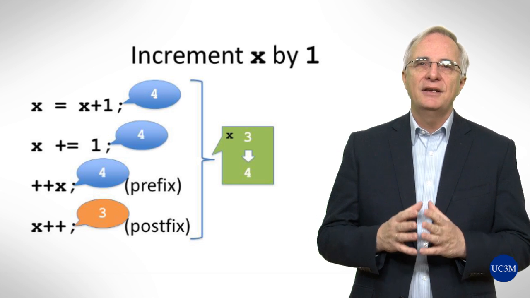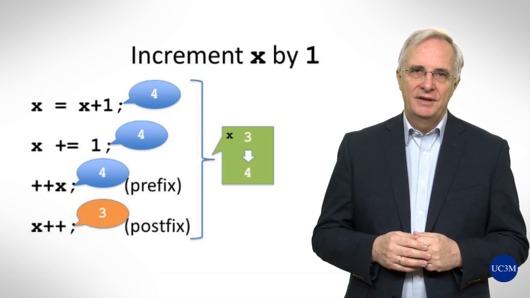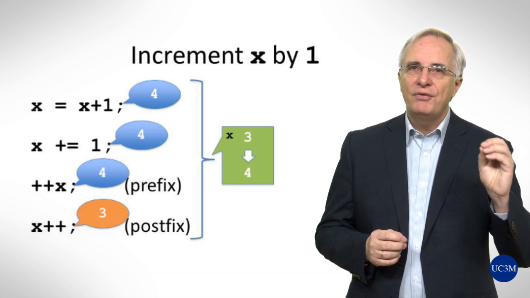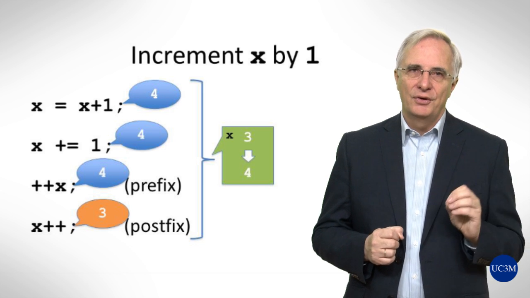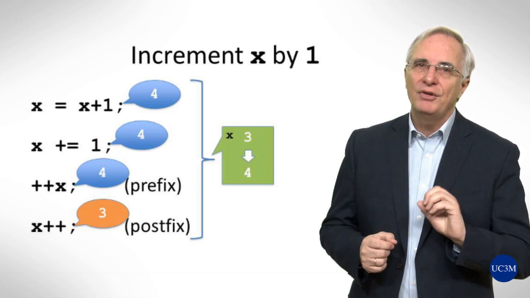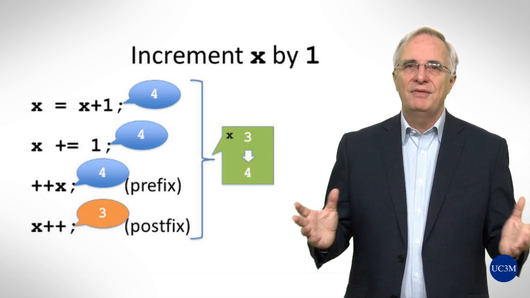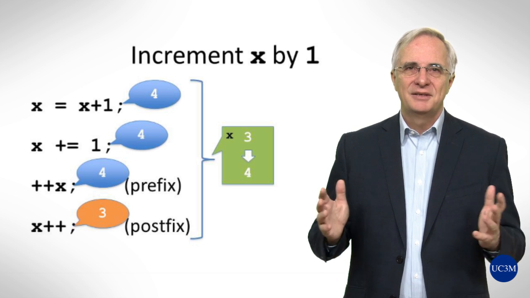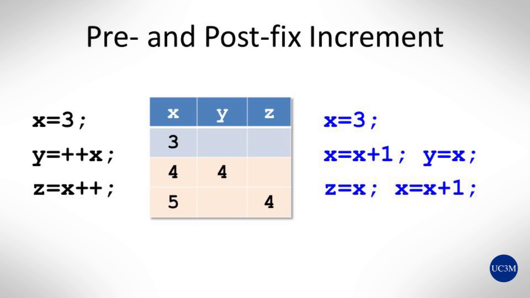So assuming again that the initial value of x is 3. The value of the first three statements is 4. And of the last one is 3, the value of x before the increment. The side effect is always the same, increment x by 1. Here is another example.